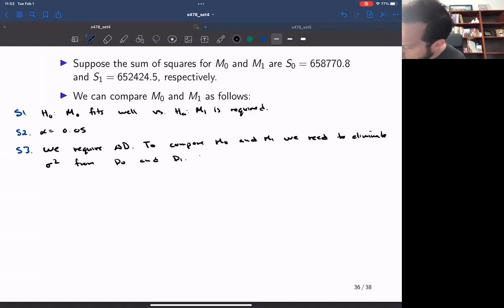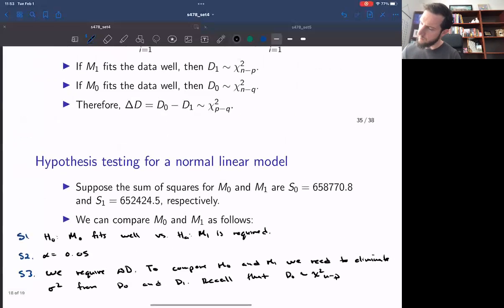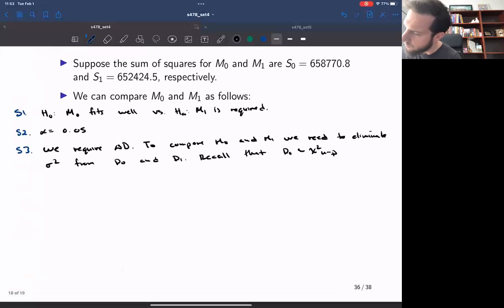Okay, so recall that D0 is chi-square n minus p, I think we said. Yeah, or n minus q. And D1 is chi-square n minus p.